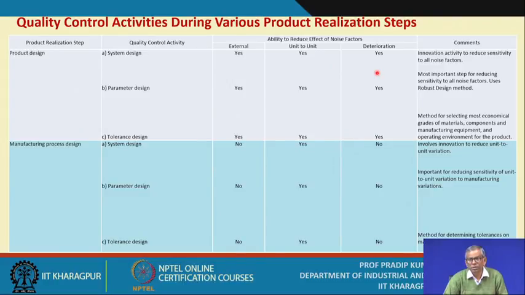Suppose you purchase a product, say a TV of a particular brand, and your friend has also purchased the same brand, the same company, the same model.